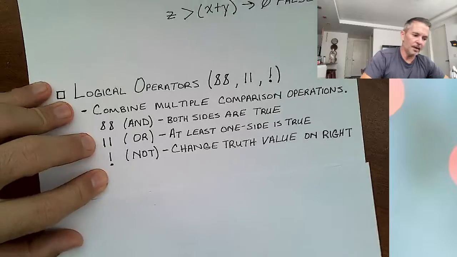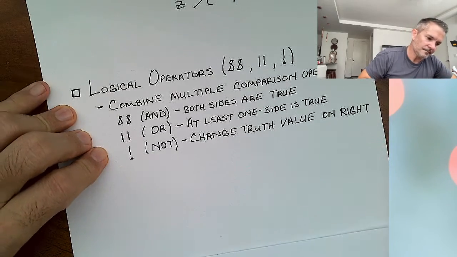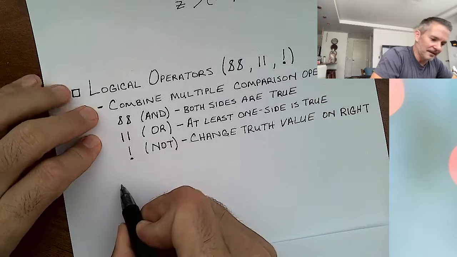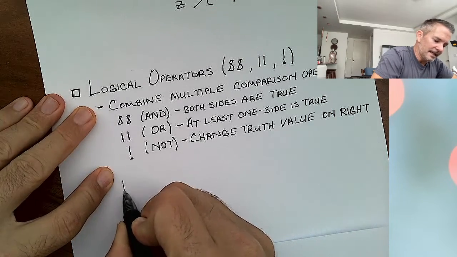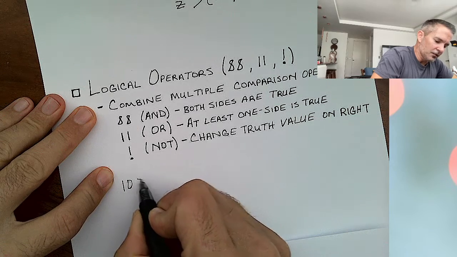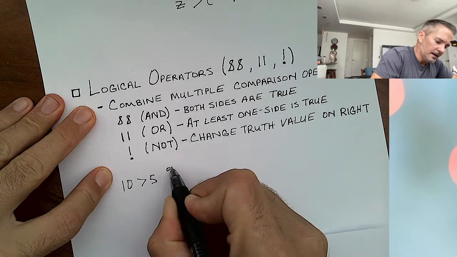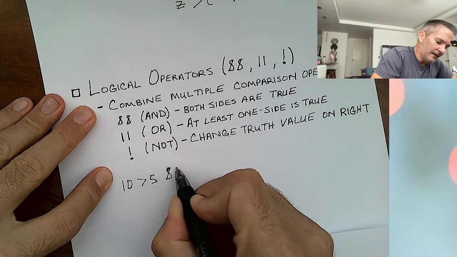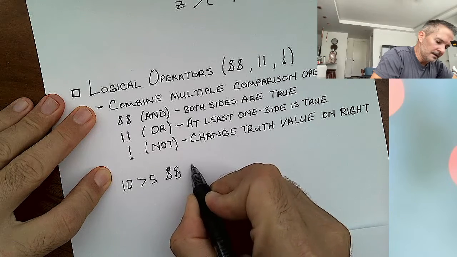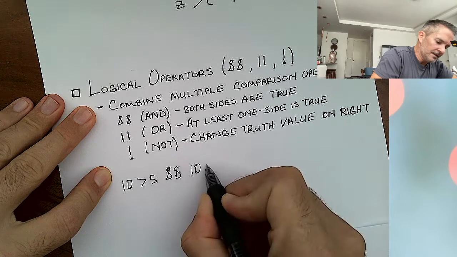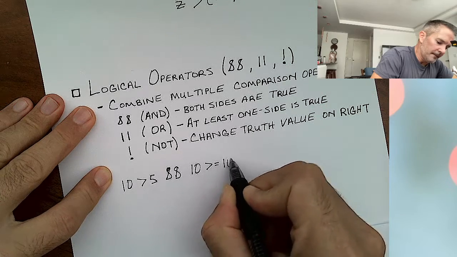So again, always easier to look at examples. Let's look at examples. So I might say something like this: 10 is greater than 5, and 10 is greater than or equal to 10.